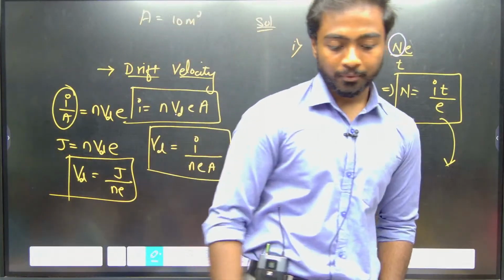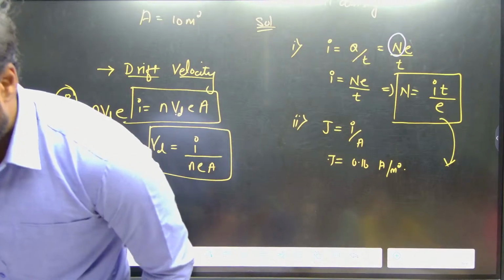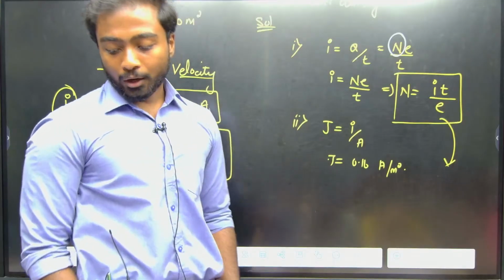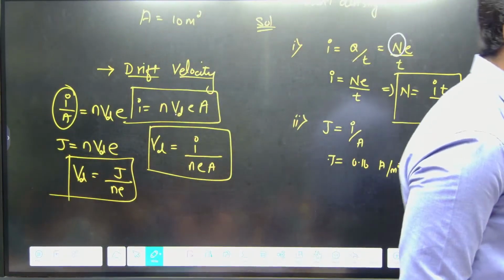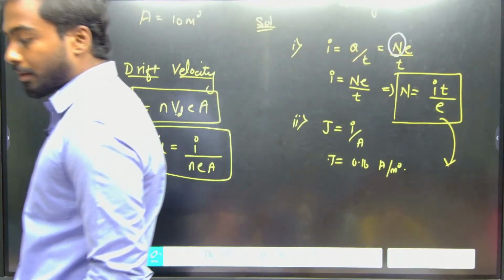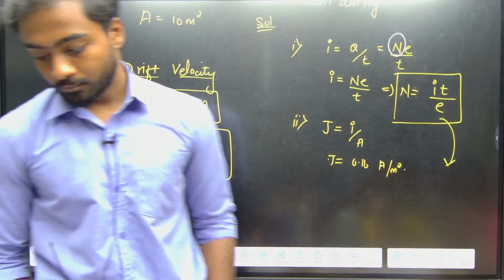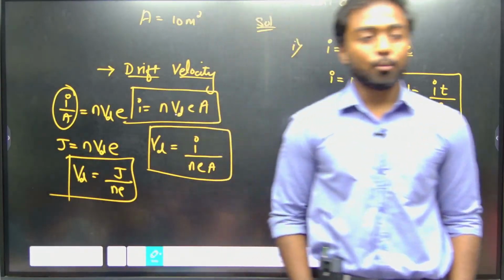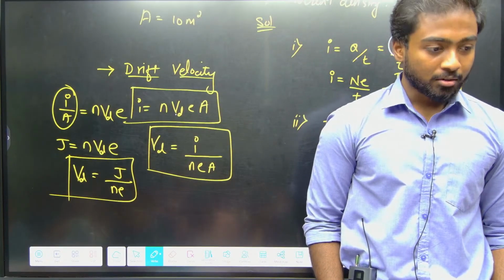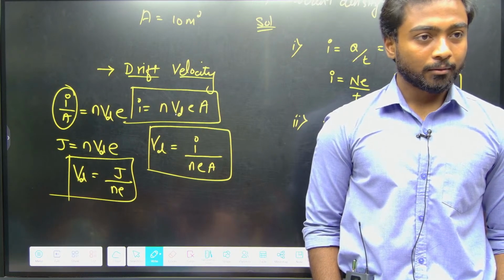Write down the next one. Question. A current of 3 ampere is flowing in a copper conductor with a cross section of 1 millimeter square.